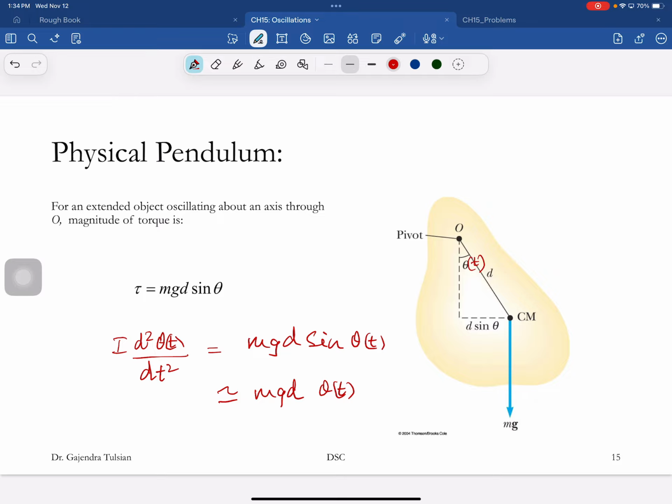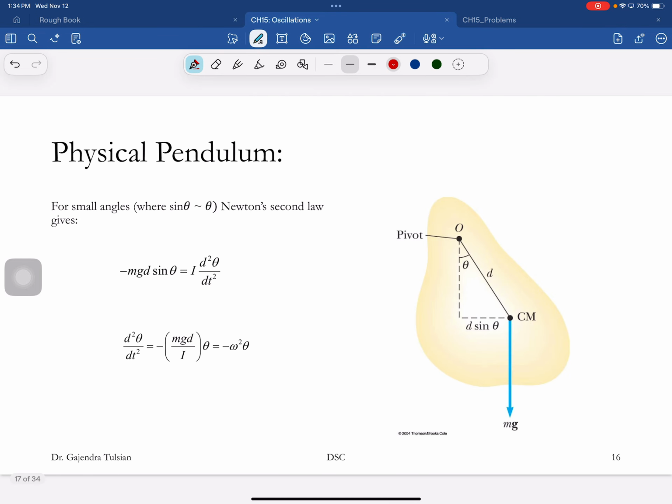So for small angles, sine theta is equal to theta, and then you get back your differential equation that you have become so friendly with. So there is your differential equation, and since this is positive, we'll call it omega squared. So the same differential equation is describing this system as well.